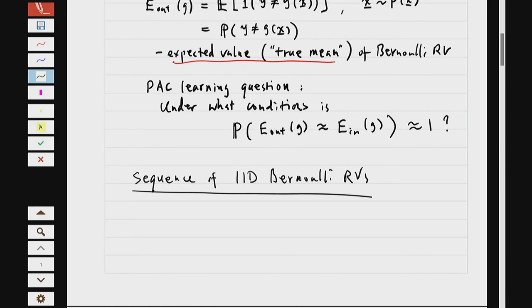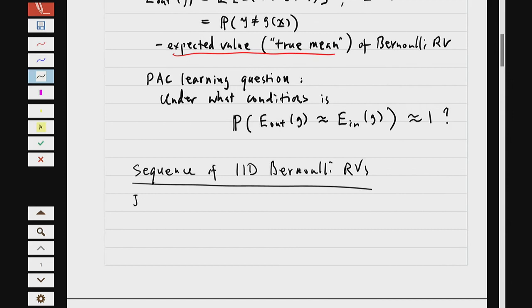Usually for a Bernoulli random variable, if we want to map it to some kind of physical experiment, a very common one is tossing a coin, either heads or tail, or picking balls from a jar, whether it's red or green, let's say. Okay, so let's use that. We have a jar with infinitely many balls. They are either red or green.